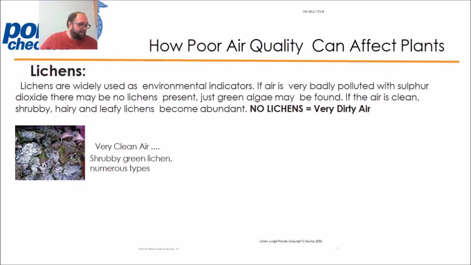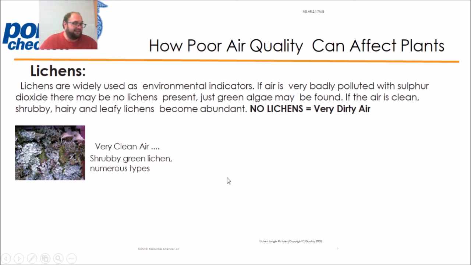So, guys, you see the lichen right here, you've got these kind of shrubby little plants right here, and this is lichen, and this is lichen. This right here, the green, that's algae, okay? But you see, very clean air, shrubby green lichen, and there's lots of types of them. They're all over growing on this tree.